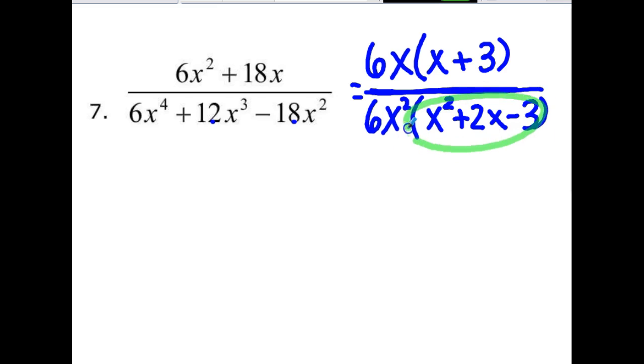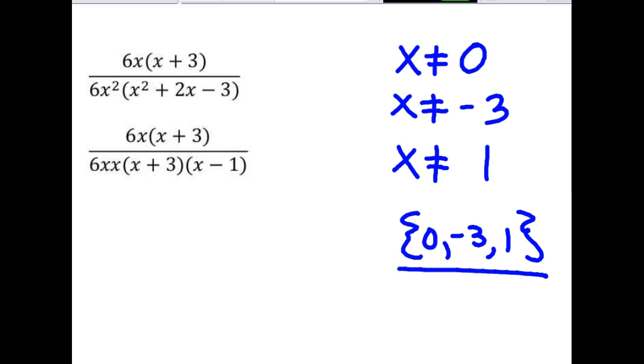And then this part factors some more. Go right ahead and do that. So I like to write the excluded answers like this, but on Schoology they're written in set notation. It means the same thing. The numbers in the set are the excluded values.